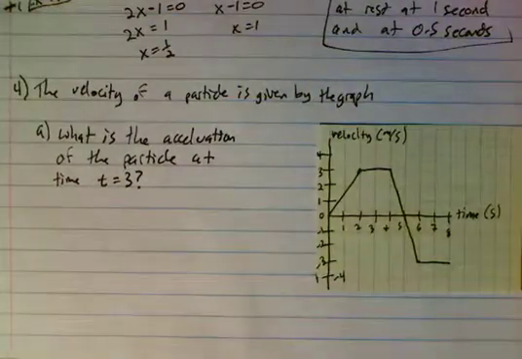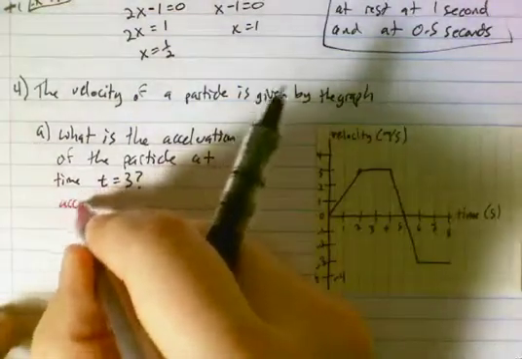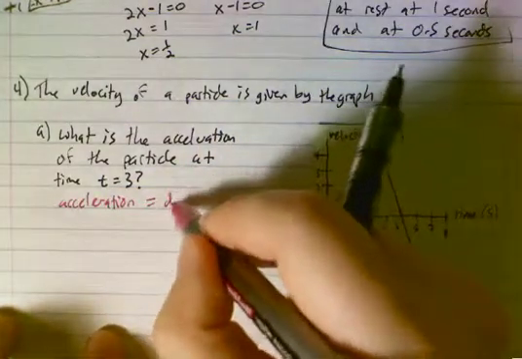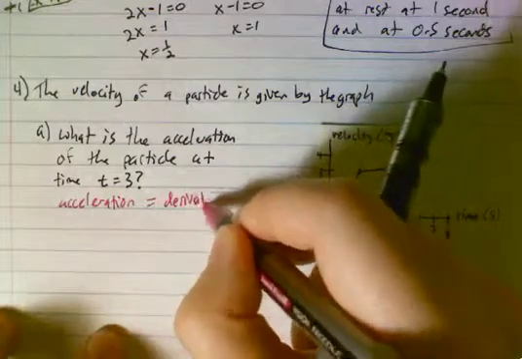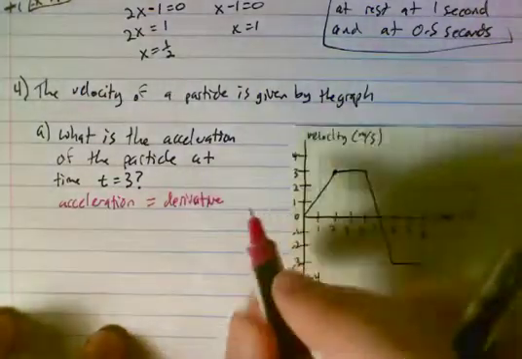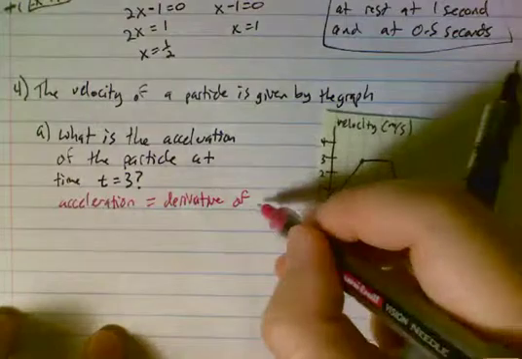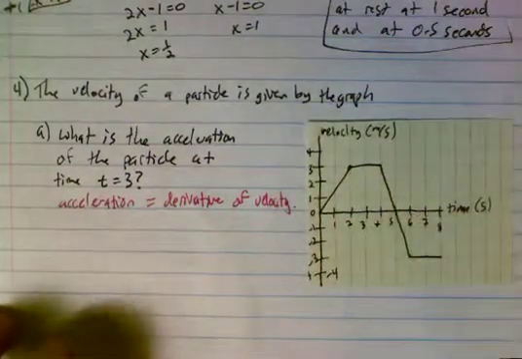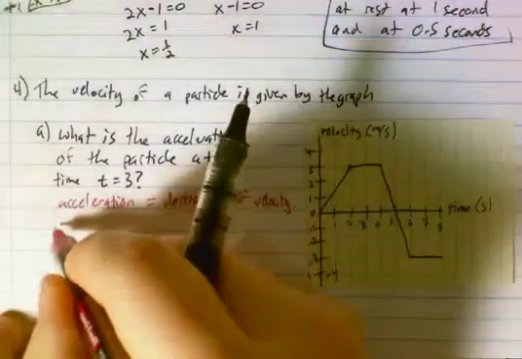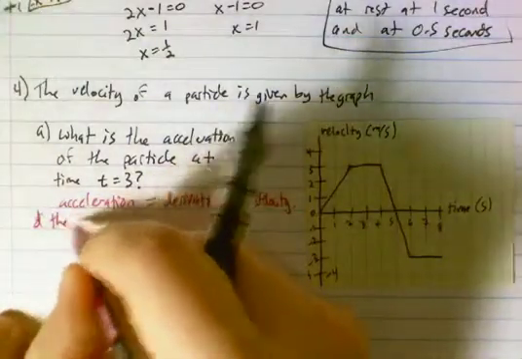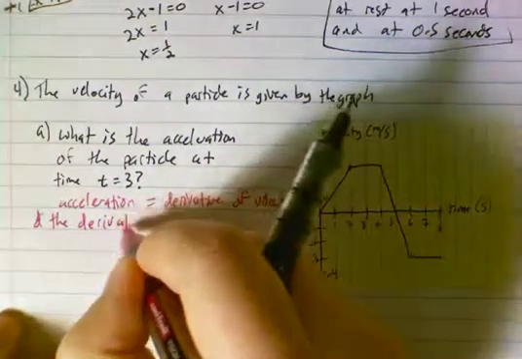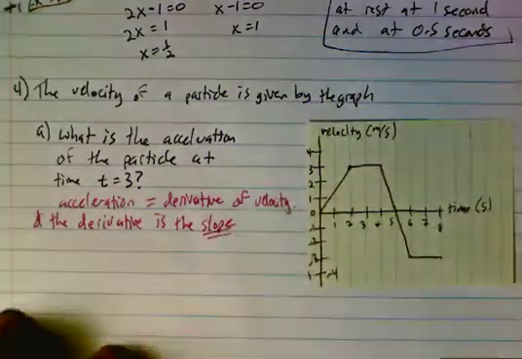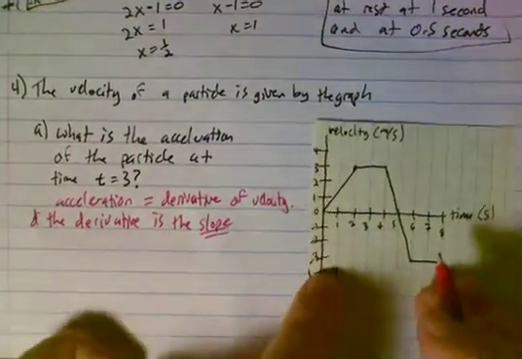So the key things to remember here are that acceleration is the derivative. So acceleration is the derivative of the velocity, and the derivative is the slope of the curve at that exact point.